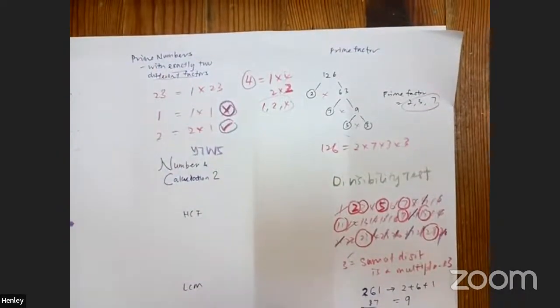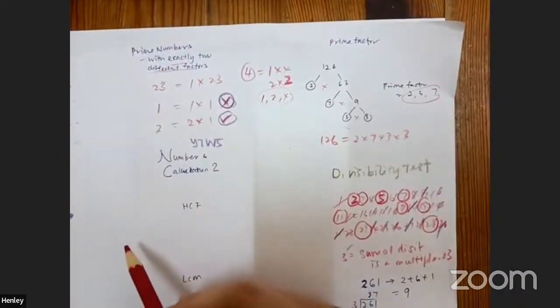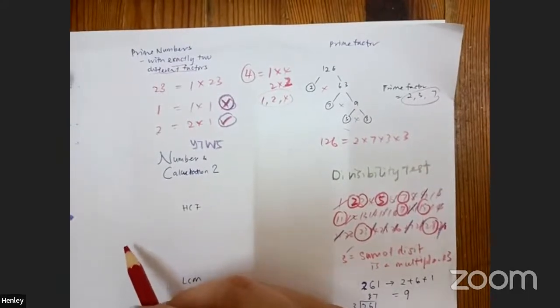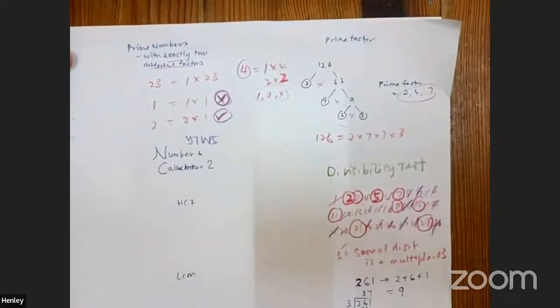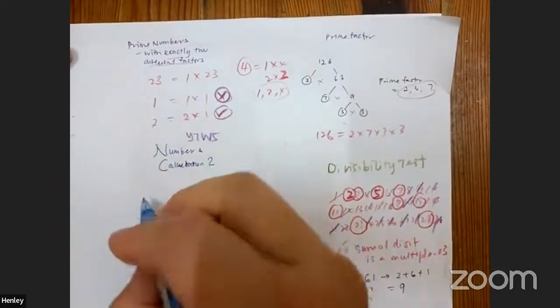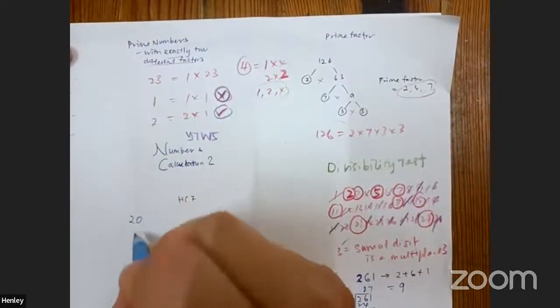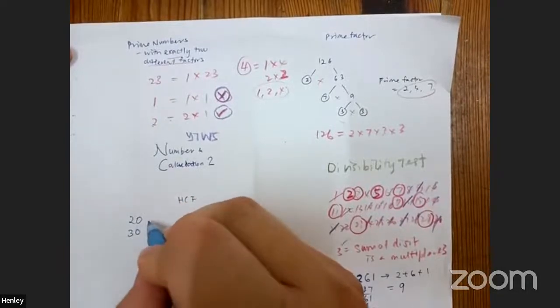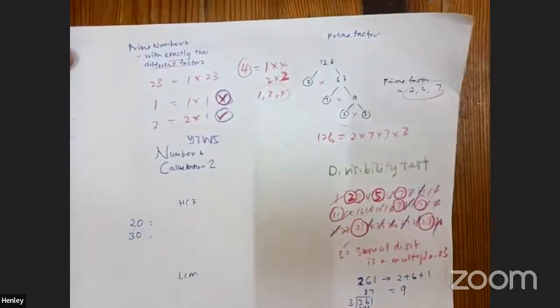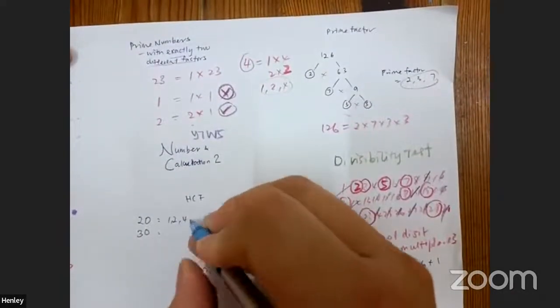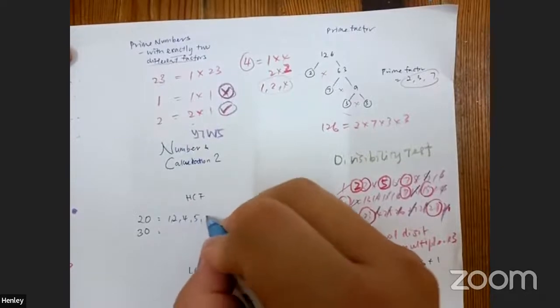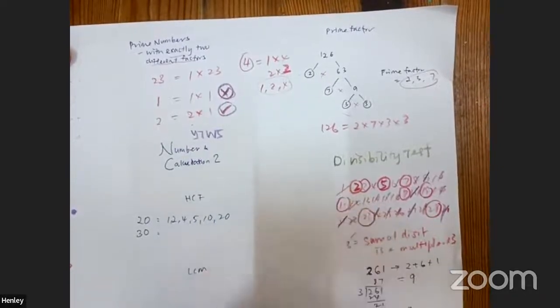The number one way is called listing up. For example, if I want to find the highest common factor for 20 and 30, the factors of 20 will be 1, 2, 4, 5, 10, 20.